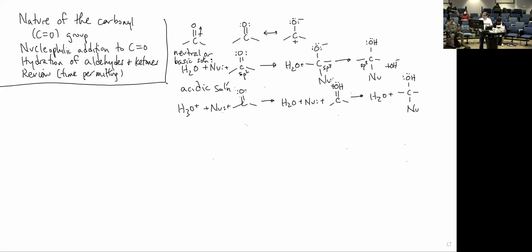So that makes it even more want to be attacked by a nucleophile. So again, here we're just going over general basic ideas about the carbonyl groups that we find in aldehydes and ketones, and getting ready for some of the reactivity that we're going to encounter.